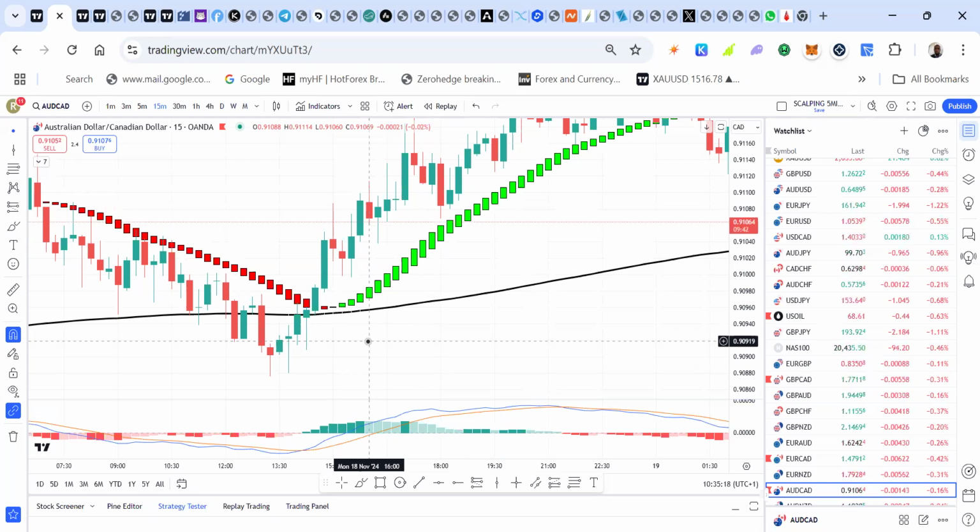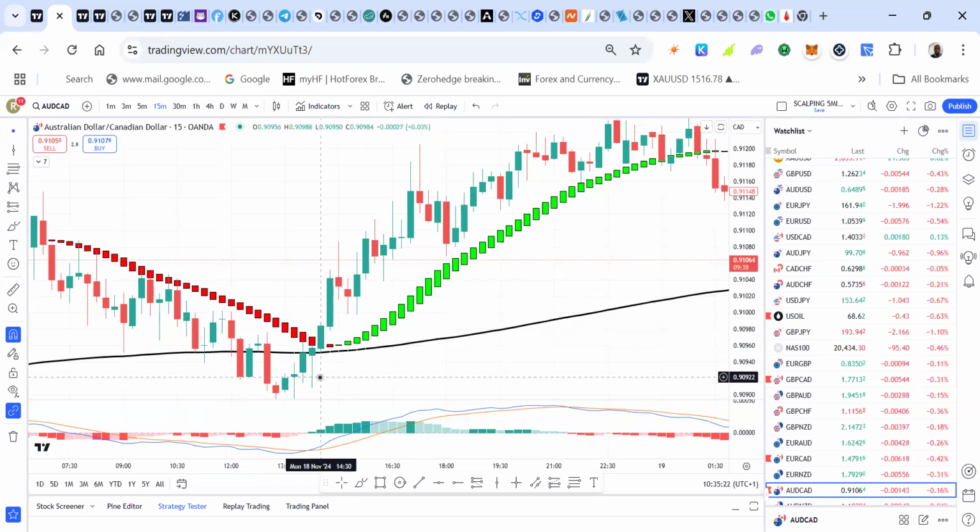Okay, so now let's look at this one. What are we looking for? I said we are more comfortable buying above the 200 moving average. Is it not so? That's number one. We want to see after there's a break above the Heikin Ashi candle, you want to see a pullback.